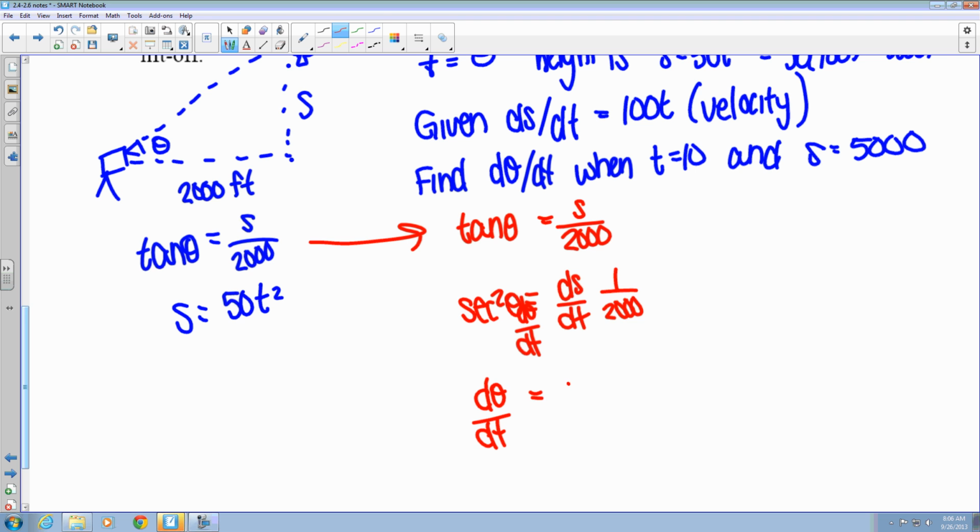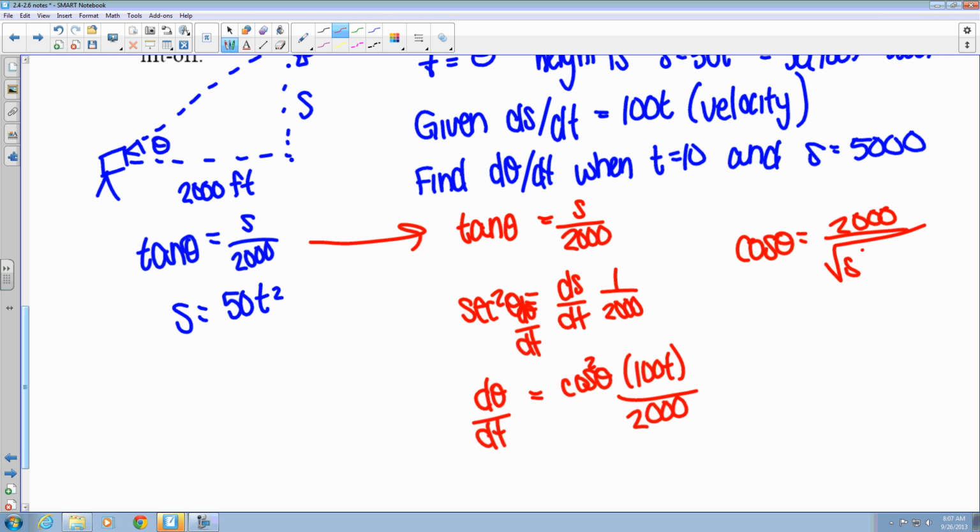So cosine squared theta, we know that ds/dt is 100t. Then we have that 2000. We're going to know that cosine theta is 2000 over the square root of s squared plus 2000 squared from the Pythagorean theorem, looking at the picture we have.